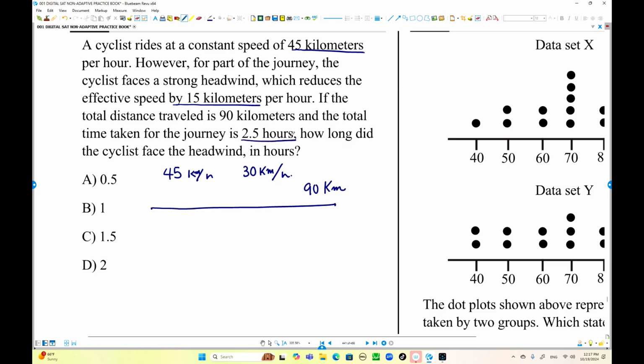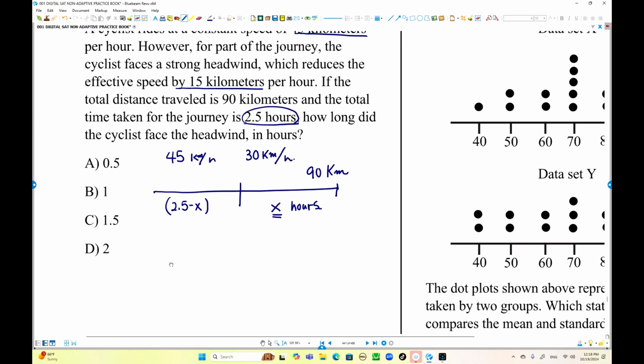How long did the cyclist face the headwind? In hours. You're going to find hours. Okay, so the focus is hours. So from here to the end, it takes x hours. We're going to find the value of x over here, okay? And the other one is 2.5 minus x hours. Well, you can use y to make a system of equations, but I'm going to use only one variable, okay, to save a little time, right?